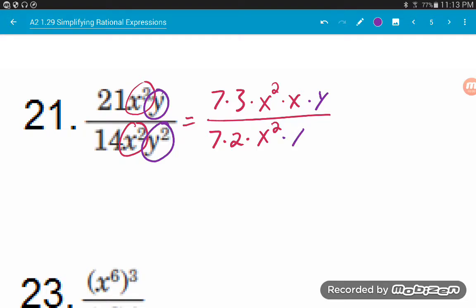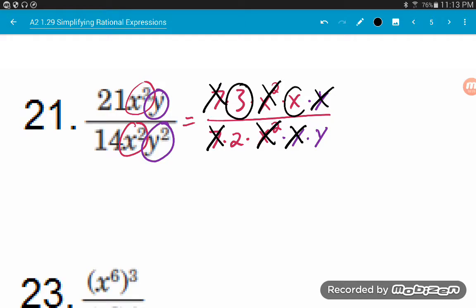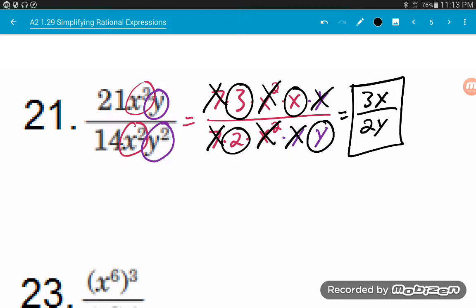On the bottom, I'm going to break up that y so that I have a y to cross it out with. Now let's look at what's the same. 7 and 7. X squared and x squared. Y and y. So when I look at what I have left, I just have 3x over 2y. And that would be the answer for question number 21.